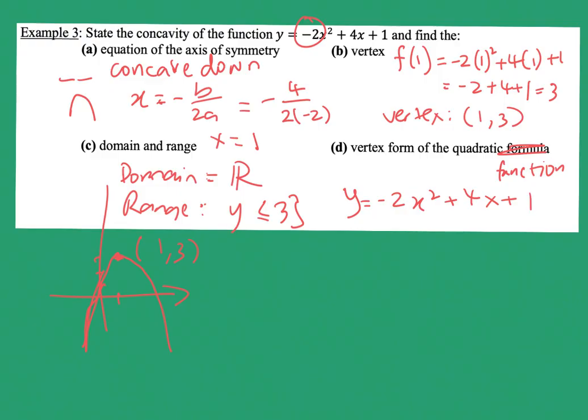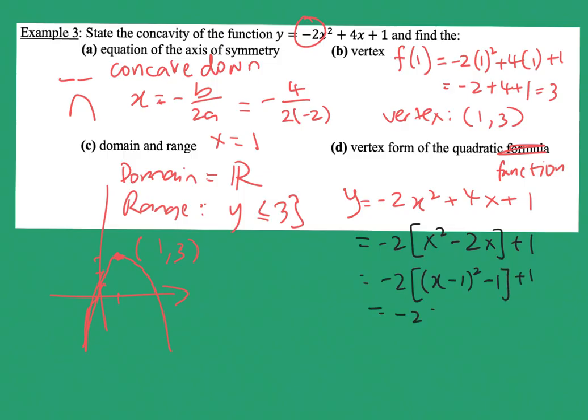I'm going to factor out negative 2, so I end up with x squared minus 2x plus 1. I keep the negative 2 outside, and I write it as x minus (negative 2 divided by 2) is 1 squared, and I have to subtract 1 because I'll end up with the extra term of 1.